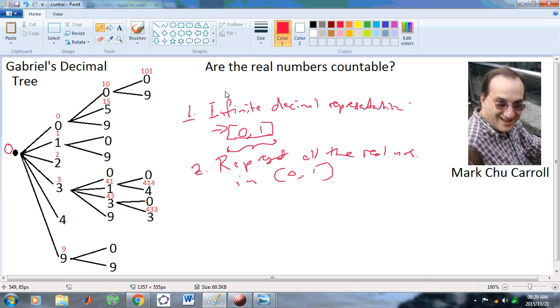Or the finite, it doesn't matter, we can also have a finite decimal representation, for example 0.10 or 0.05. I'll explain what these little red numbers mean in a moment. So we can represent all the real numbers in the tree.